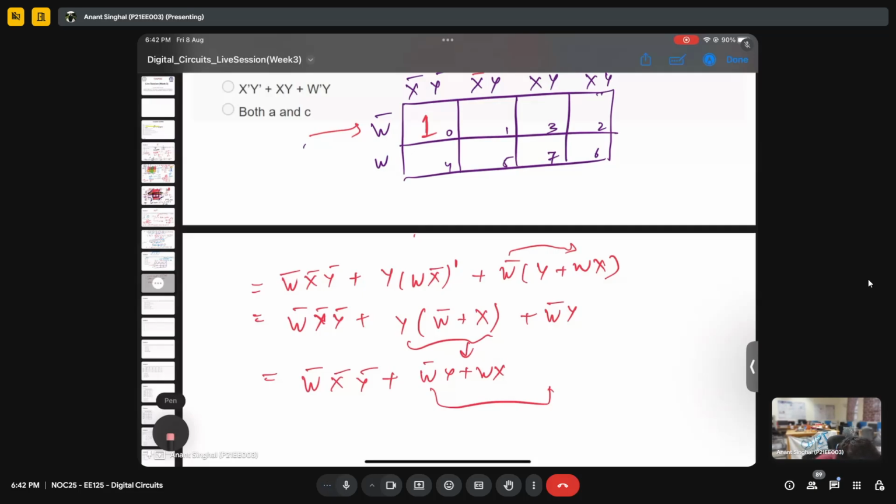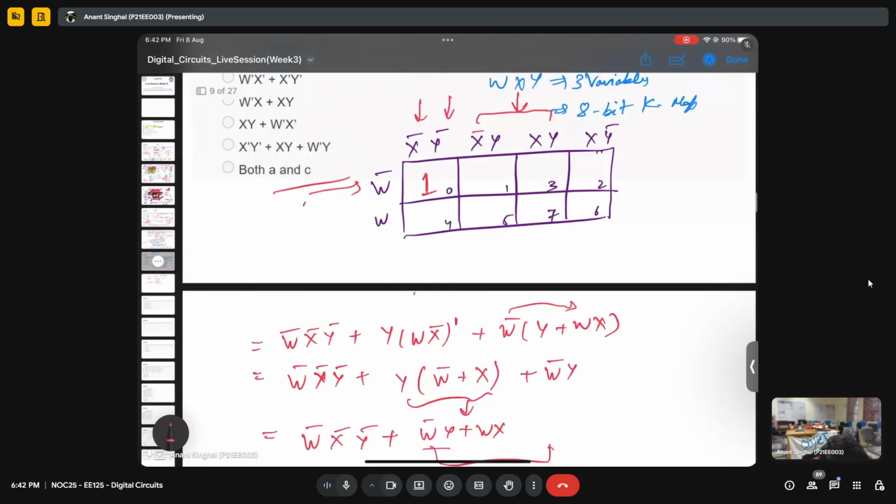So W bar Y is the second term, which is W bar, and Y is in these two, so here there will be two ones. The last term is W and then X. So W is this and X is basically these two. Did I write something wrong?